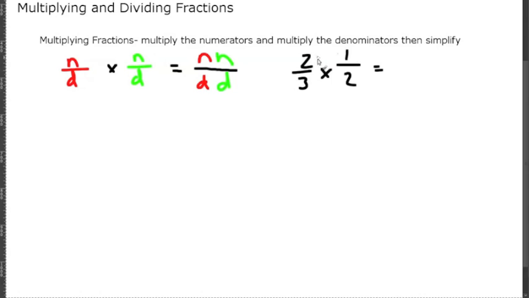Numerator times numerator, 2 times 1 is just 2, all over 3 times 2 is 6. And we know that 2 over 6 can be simplified because both can be divided by 2. And that's going to give us 1 over 3.